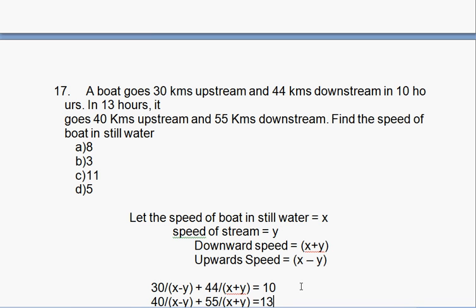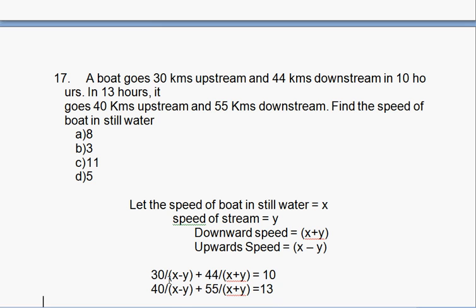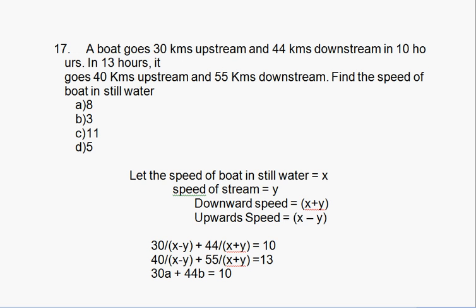Now this is in reciprocals of x and y. Can we say that 1 upon x minus y is equal to a? Can we simplify it? Yes, we can. We can just write it as 30 times a plus 44 times b, where 1 upon x plus y is equal to b, is equal to 10, and the second equation would become 40 times a plus 55 times b, and it is equal to 13.